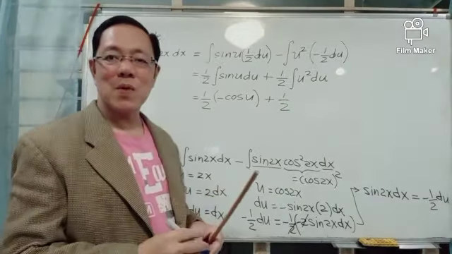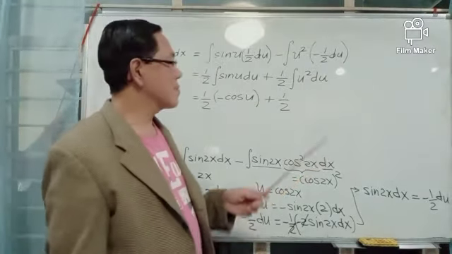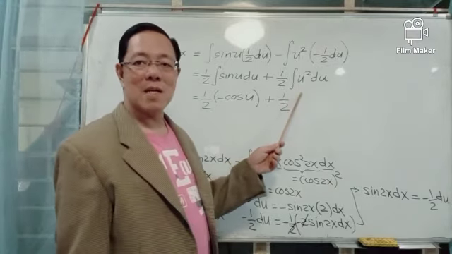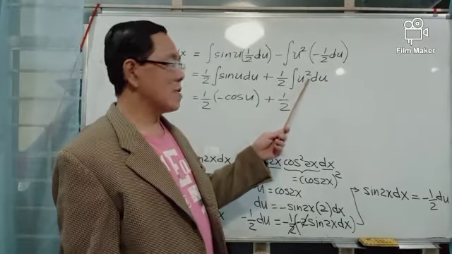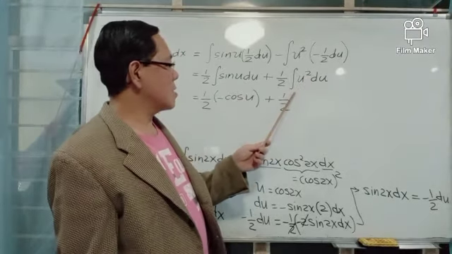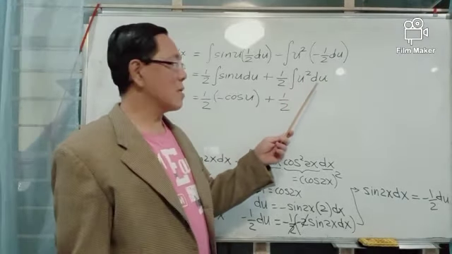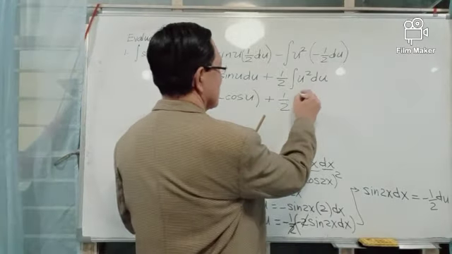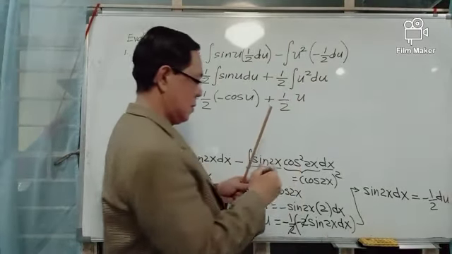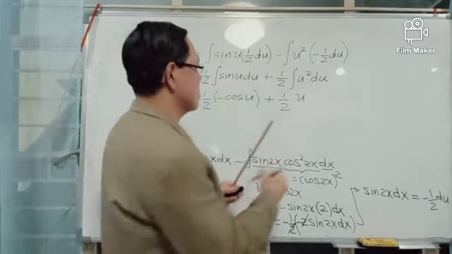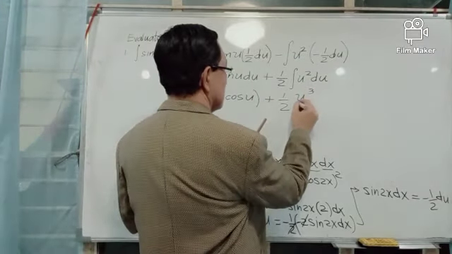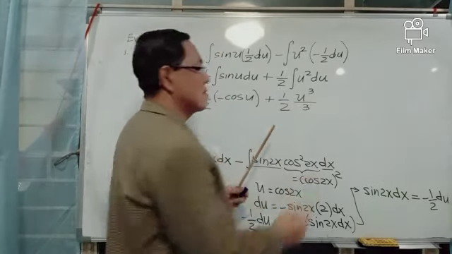For the integral of u squared, we apply the power rule for integration, where the exponent n in the power rule is 2. Hence, the integral of u squared is u to the power 2 plus 1, which is 3, and divide by 3.